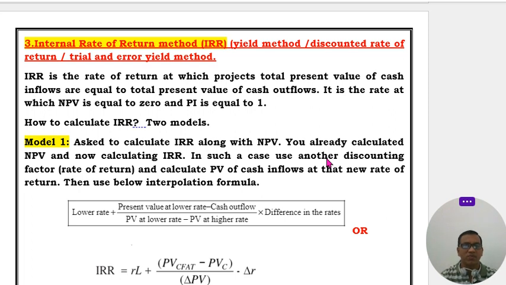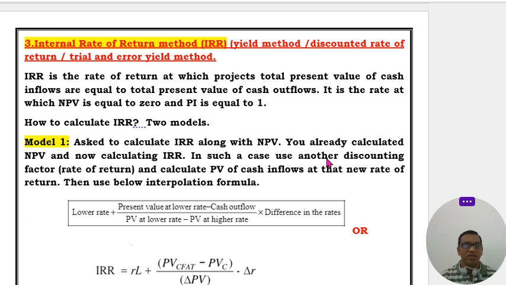What is the interpolation formula? Now you have two net present values, NPV at two different rates of return. Then use this formula: lower rate plus present value at lower rate minus cash outflow, divided by present value at lower rate minus present value at higher rate, multiplied by the difference in the two rates, the two discounting factors.